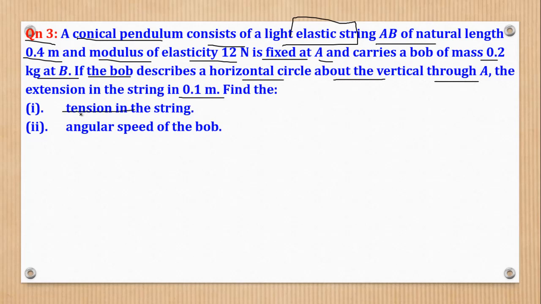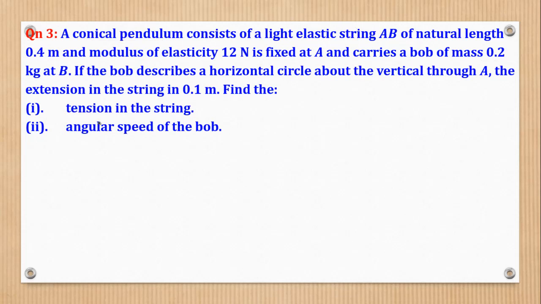Find Roman 1, the tension in the string, and Roman 2, the angular speed of the bob.